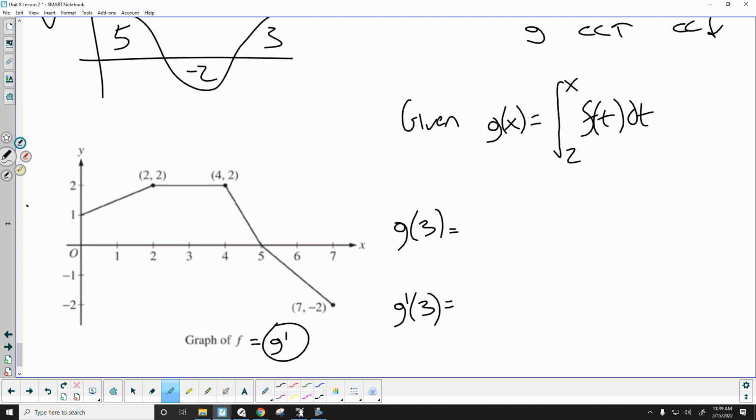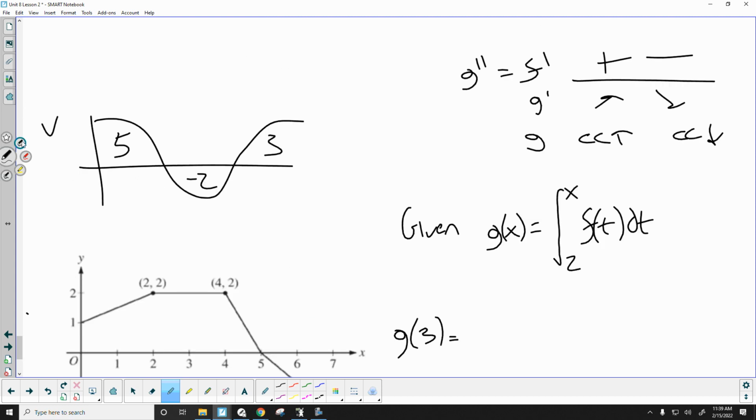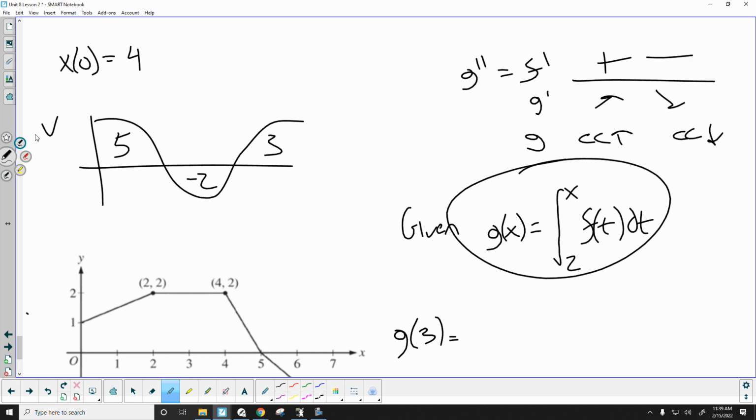Those areas are telling you how much g is going up or going down. Yeah, but Mr. Messner, you had to give me an initial condition to find maxes and mins. You had to tell me x of 0 was like 4. Well, I'll give you an easy point. G of 3, that's an easy point to find.